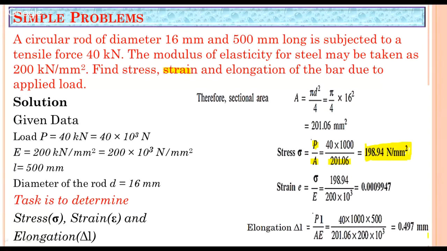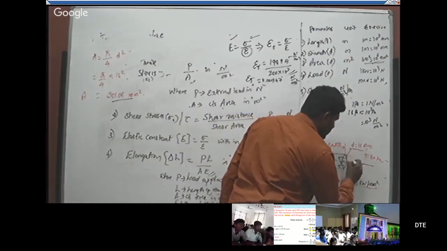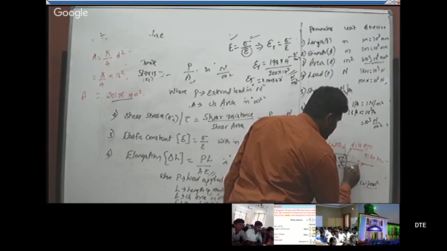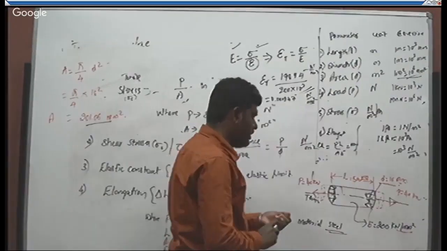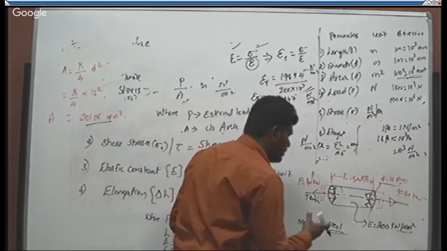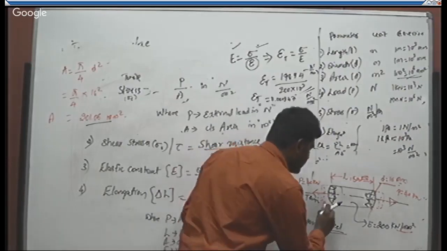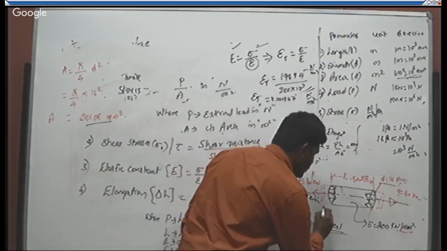Substituting all these values, we can get 0.497 millimeter of elongation. That means the member undergoes a change in length. Due to this action of tensile loads, the change in length or elongation that occurred in this condition is 0.497.